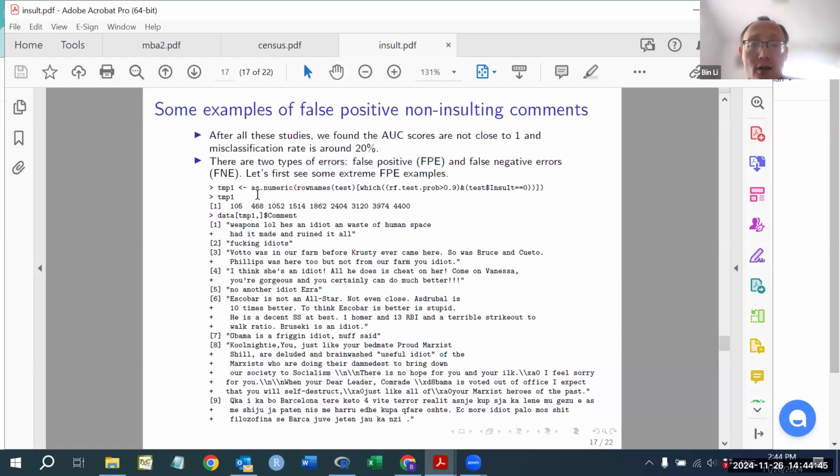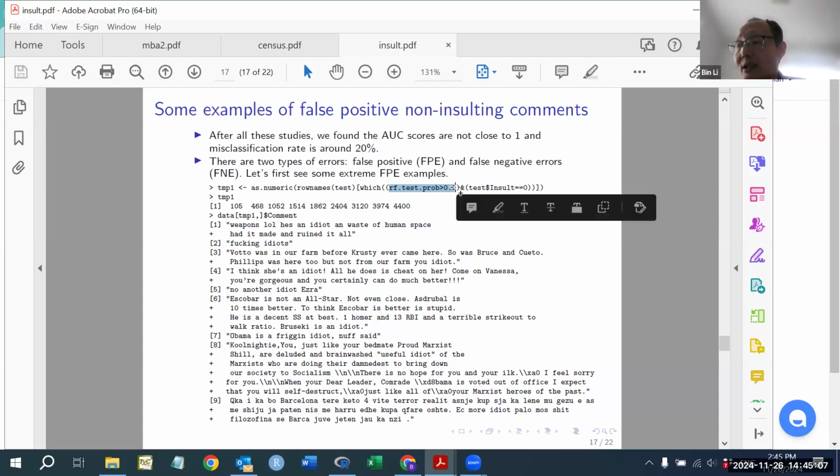So we need to find why we make false positive errors. Here I'm focusing on the random forest because it gives the relatively best prediction results. I'm focusing on those samples with the probability of being insulting over 0.9.